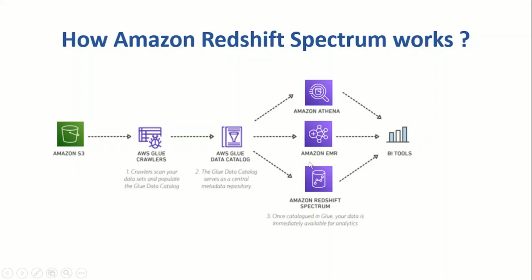So there are multiple options to do similar kinds of activities within AWS, but Redshift Spectrum, I'll say, is more handy and useful in a use case where we already have some data in Redshift and we want to join it with the data which we are pulling from S3. Okay.